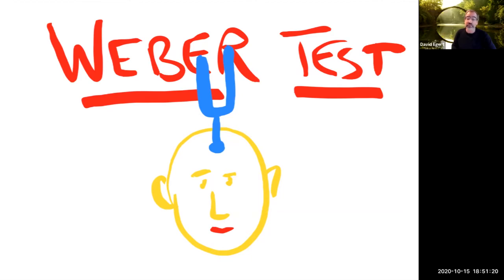So this is just going into their bone, right in the middle. Sometimes it's on the top of your head or on your forehead. It doesn't matter. It just has to be on the midline of your skull.